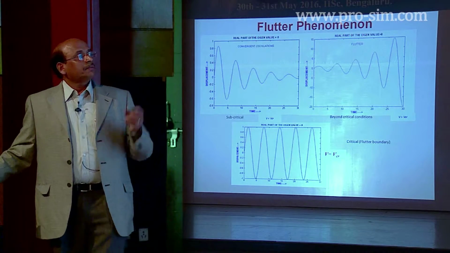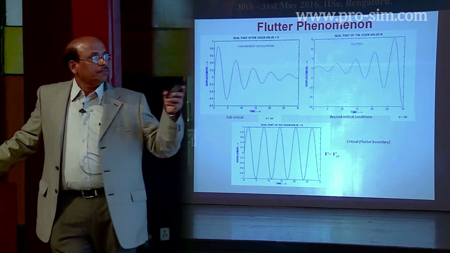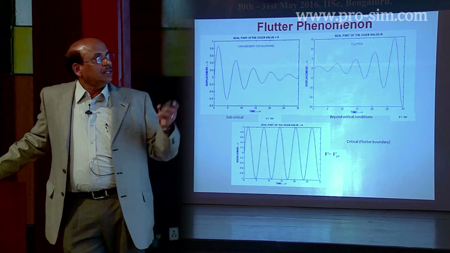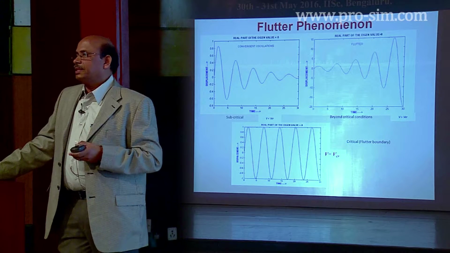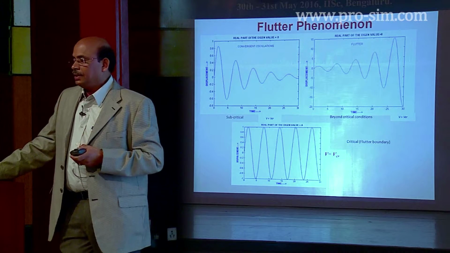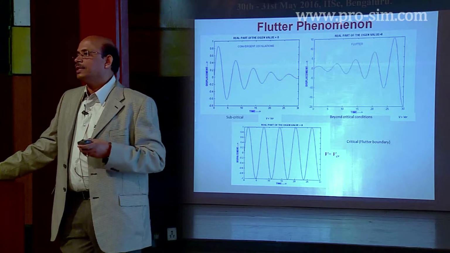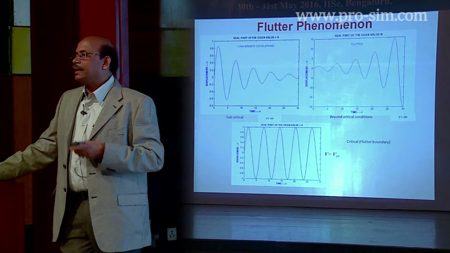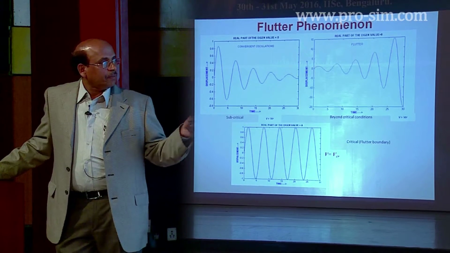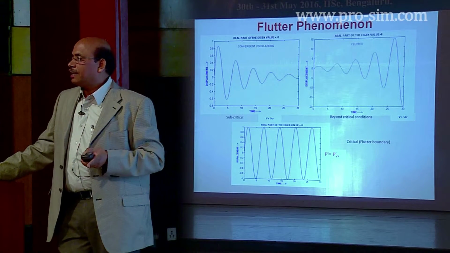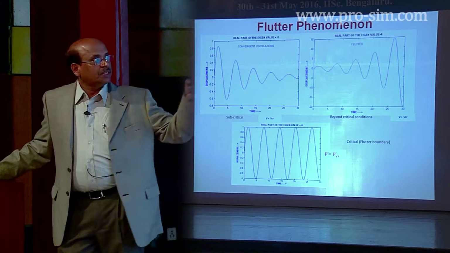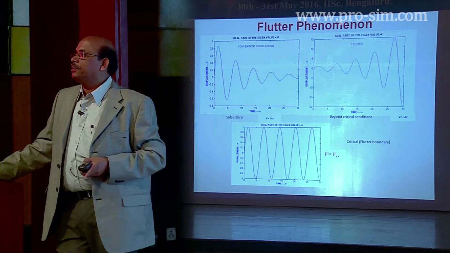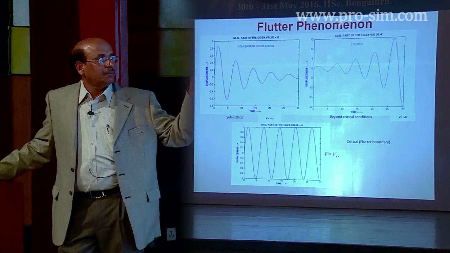Now, the flutter problem, I am just trying to show with a few pictures here. When a system is subjected to dynamic loads, under normal conditions there is going to be regular damping. They are called damped vibration problems. In the damped vibration problems, under damping there is a gradual decrease in the amplitude of vibration, like what we are seeing in picture number 1.